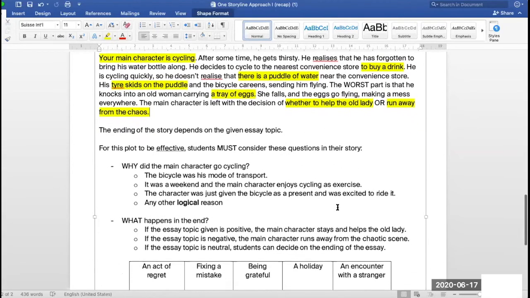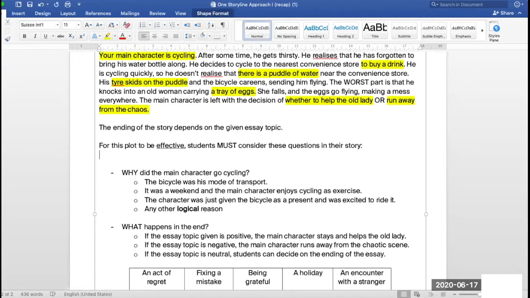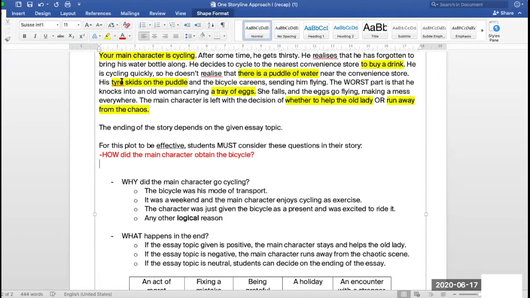Some questions that you should address. Number one, aside from asking why the main character went cycling, it's important to address why the main character had a bicycle at all, or rather, how the main character got the bicycle. This can be addressed with different points.